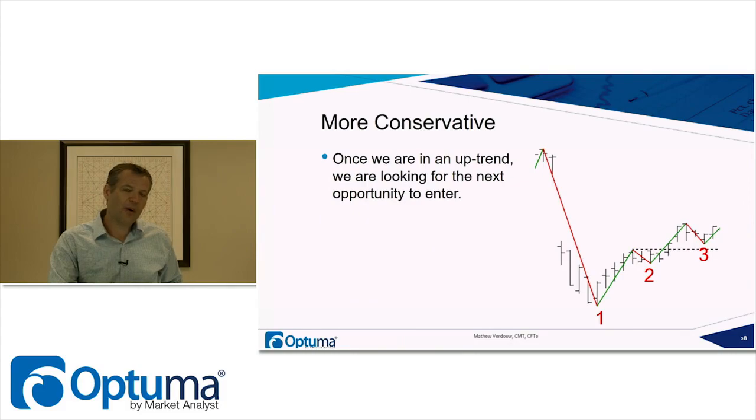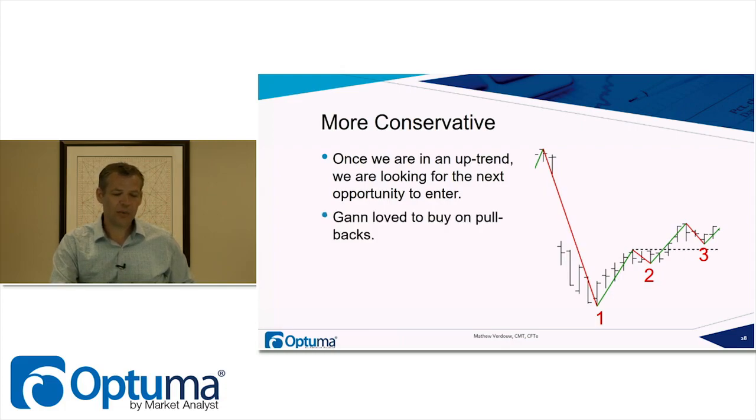Now, if I was more conservative though, and this is one of the things that Gann wrote about, once that's established, I would wait for the next pullback. So this number 3 here, and then as soon as that bottom is established, this line here, the swing turns up, then I'm in on that one, and that becomes my signal. As I said, it's more conservative.